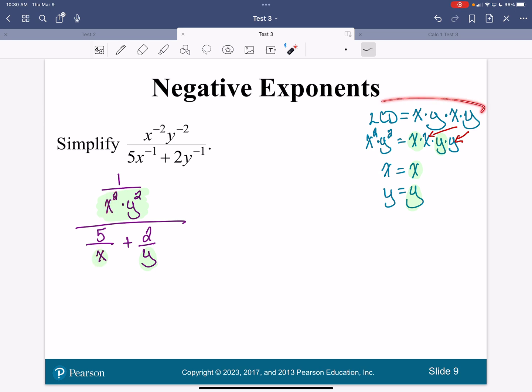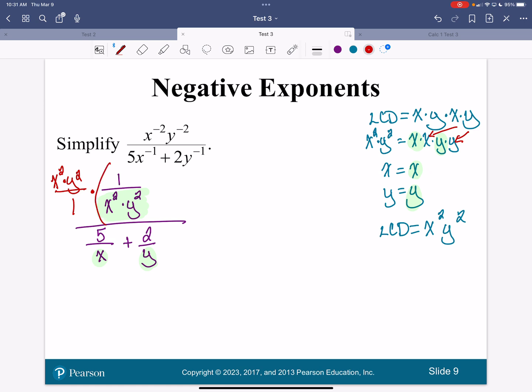So I'm going to multiply everything by my LCD. So what I'm going to do is I am going to write this out as x squared, y squared. So I'm going to multiply everything here. X squared times y squared over 1, for my numerator, and I'm going to do that for my denominator.